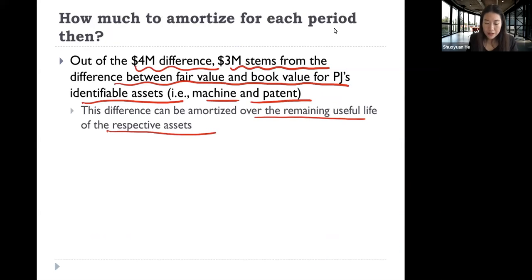However, here, we have the purchase price and net book value. The difference between these two is called excess payment.